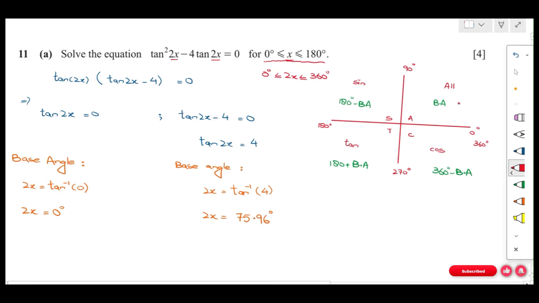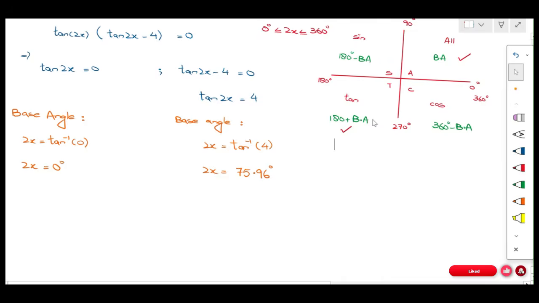Tangent is positive in the first and third quadrants.